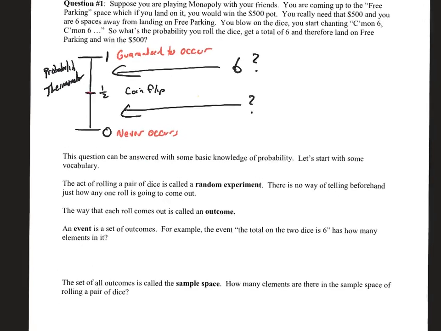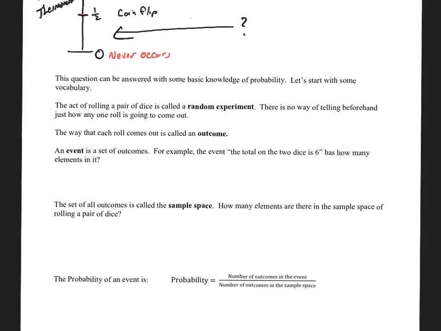Before we do that, let's get a little vocabulary going. The act of rolling a pair of dice is called a random experiment. Picking a card out of a deck would be a random experiment.